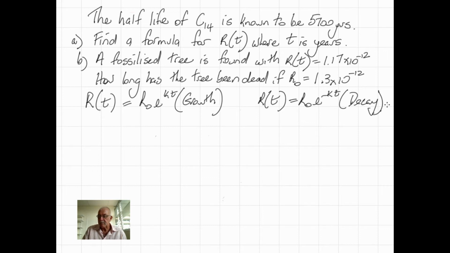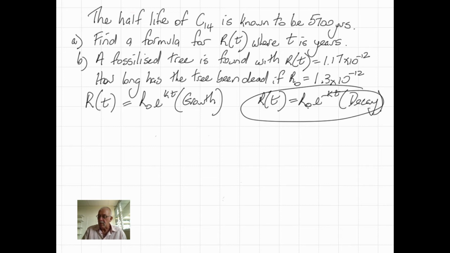So your first dilemma, if you like, is to make up your mind whether we've got a growth problem here or a decay problem. And it's obvious if you've got the half-life, that means it takes 5,700 years for half of the initial amount to be present. So we're going to have a decay problem, and we're going to use that as our model.